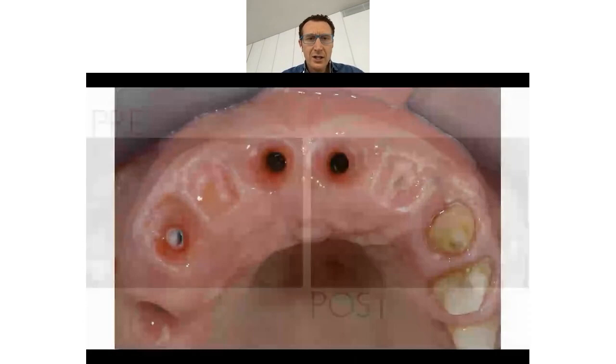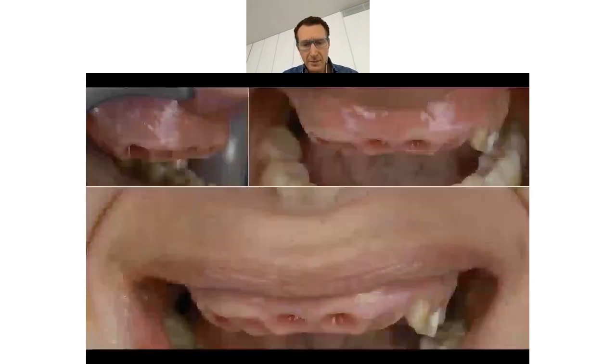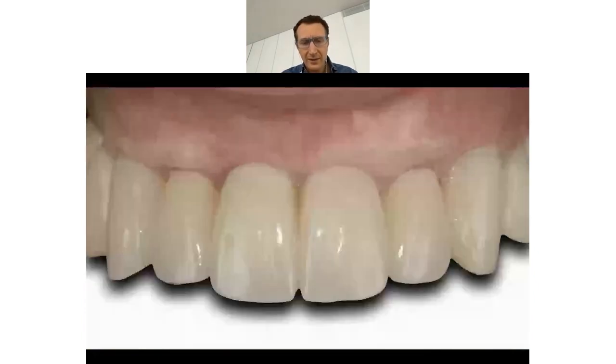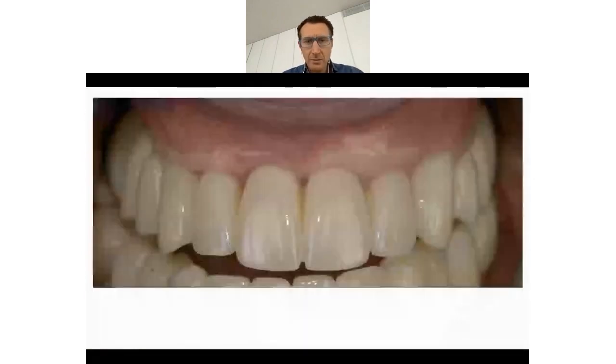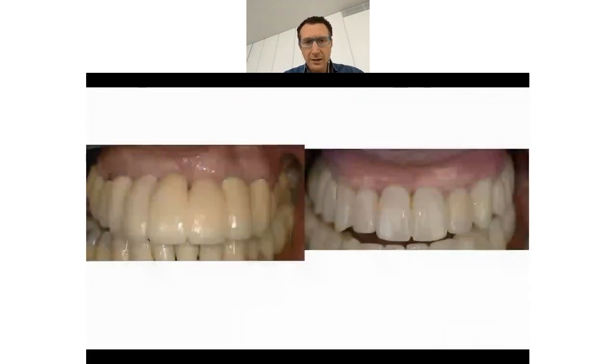This is the bridge, how it has been built up, preoperative, post-treatment, the smile line of the patient that is now more natural with the new dentition. You look here in the lower part, you see the starting point. We have shorter teeth, much better anatomy, and much better integration of our prosthetic rehabilitation with the natural teeth.